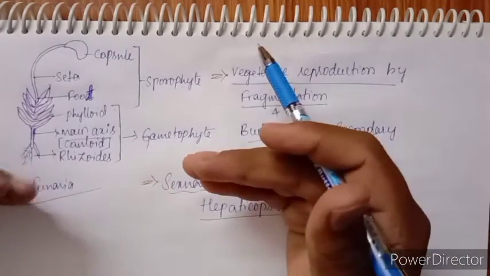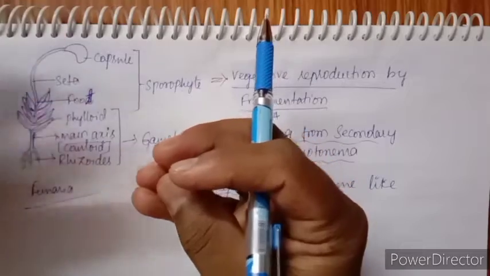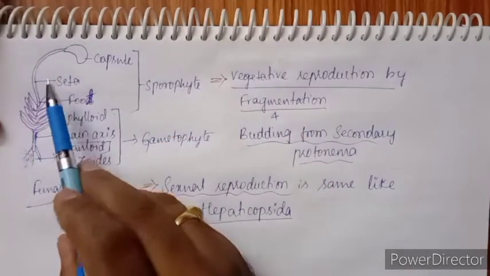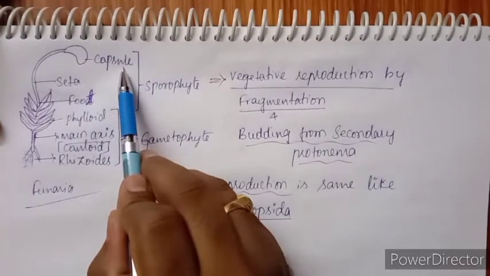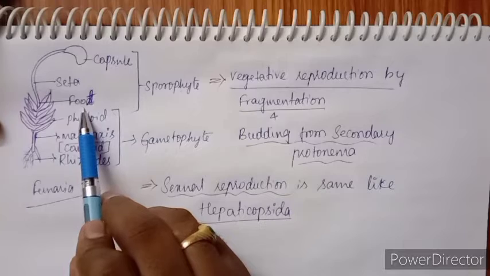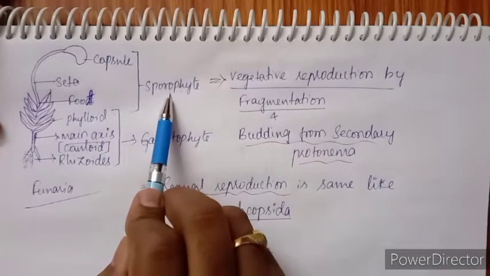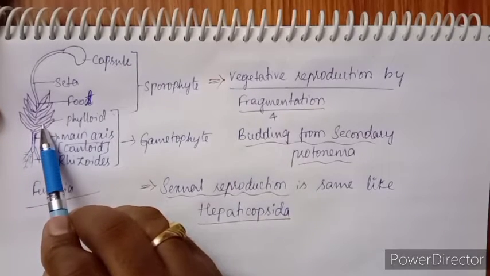Archegonia produce ova, and with the help of water the male gamete fuses with the female gamete, leading to the formation of the sporophyte. The zygote develops into the sporophyte. The sporophyte is differentiated into foot, seta, and capsule. The foot is the first part of the sporophyte, where it attaches to the gametophytic plant body to get nourishment.